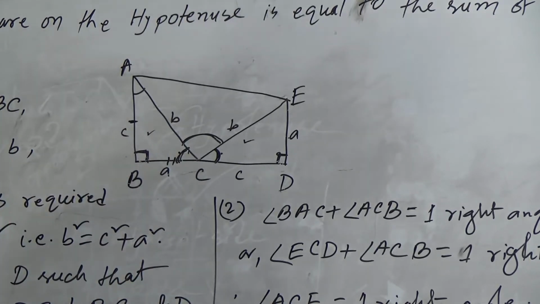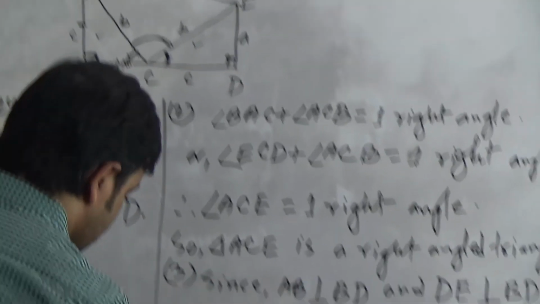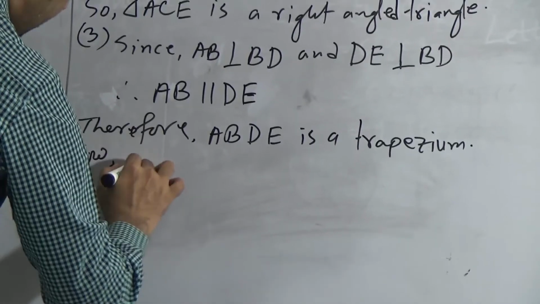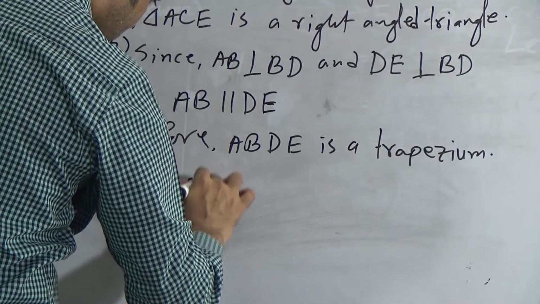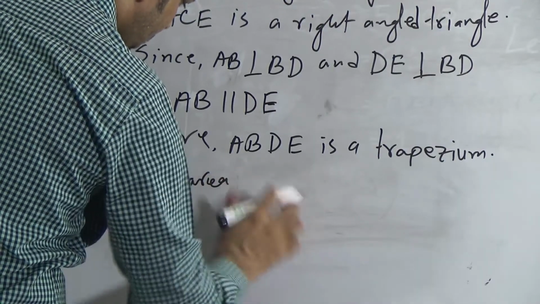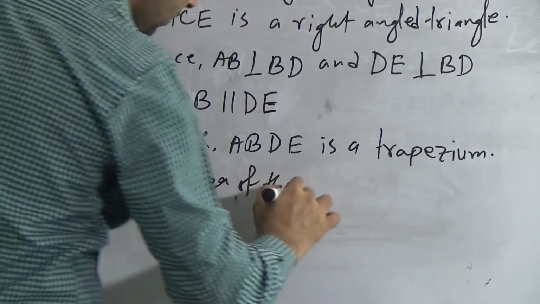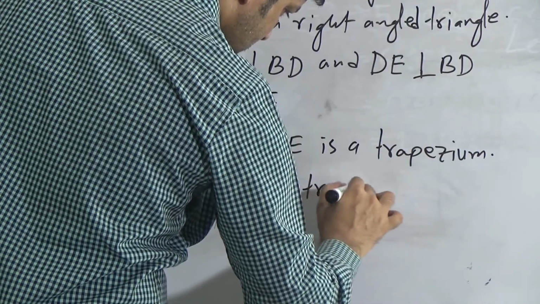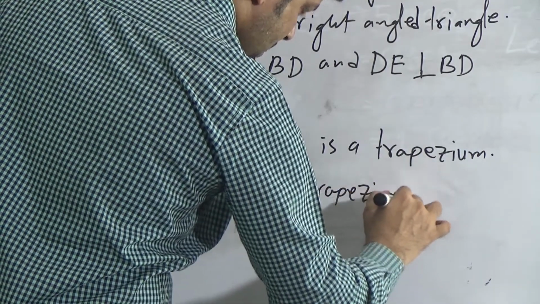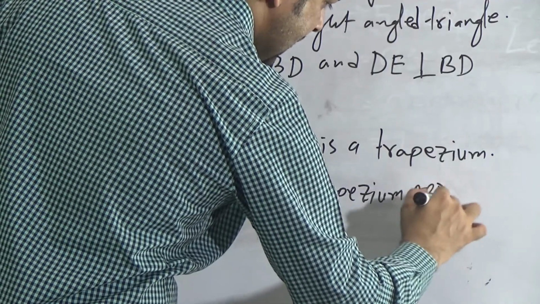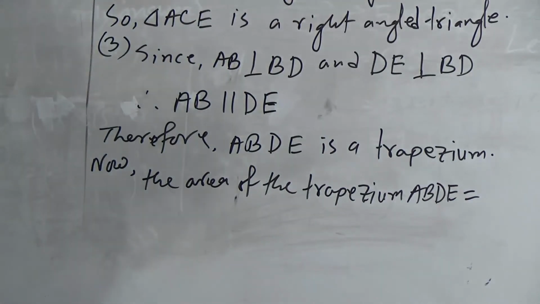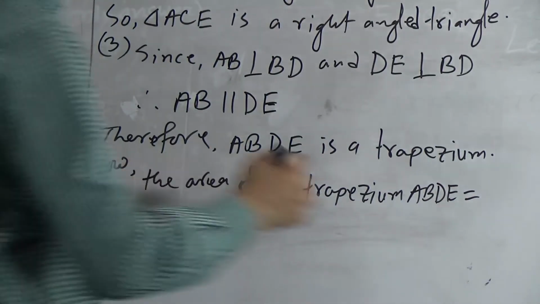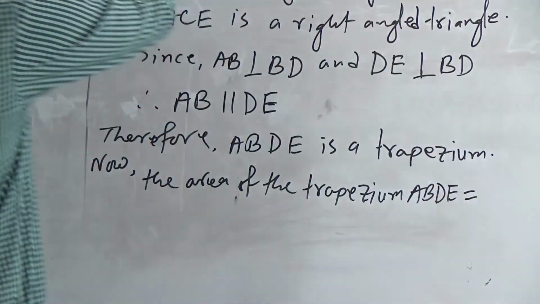So now we can write here, the area of the trapezium ABDE is equal to the sum of the area of the triangle ABC, triangle ECD and triangle ACE.